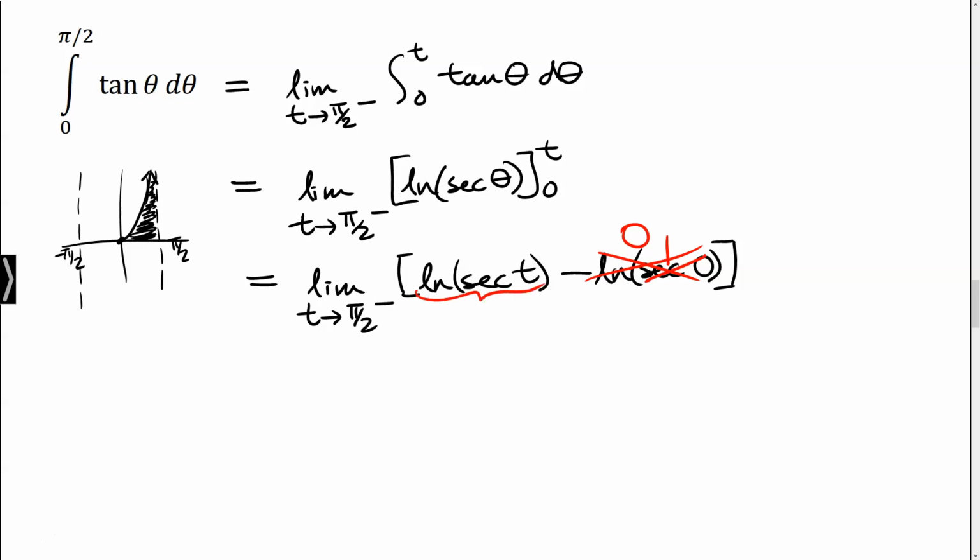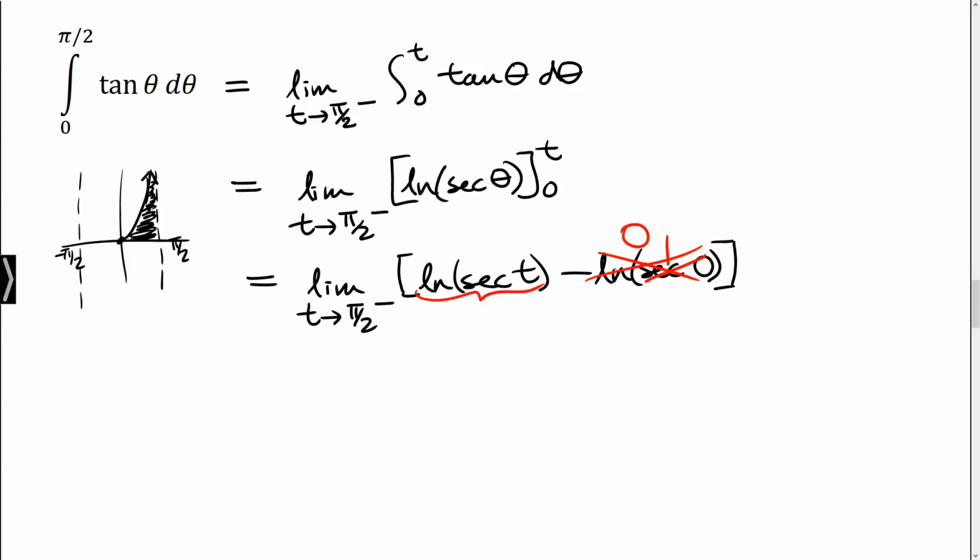Now, what happens to secant as t approaches pi over 2 from below? I'll give you a minute to think about that. Think about the unit circle or think about the graph to see where this goes. As we approach pi over 2, secant is blowing up because it's 1 over cosine, and the cosine of pi over 2 is 0.